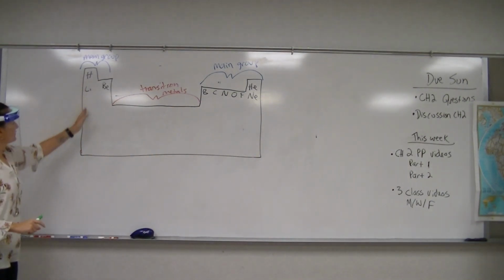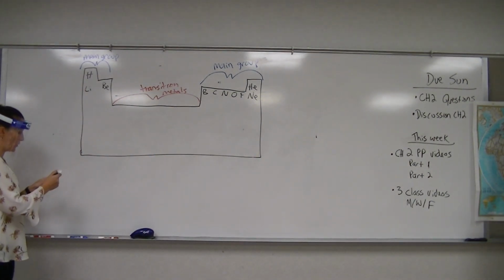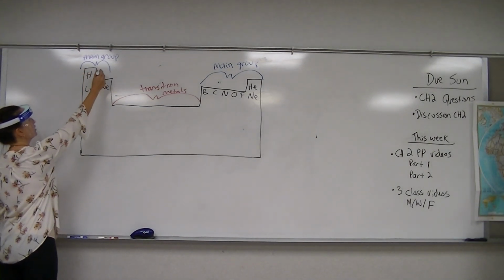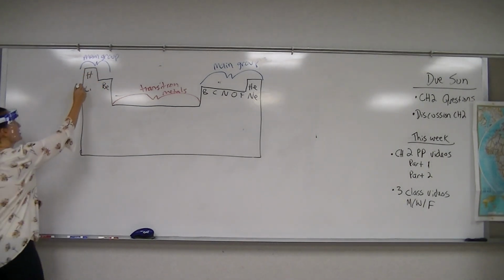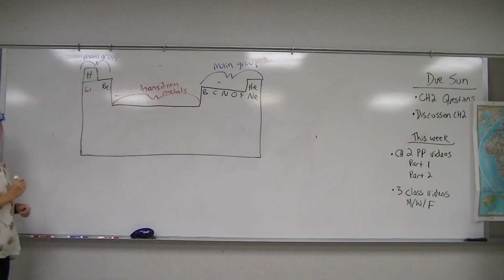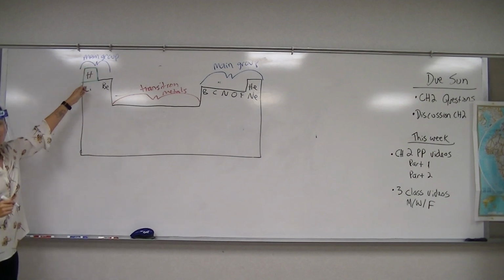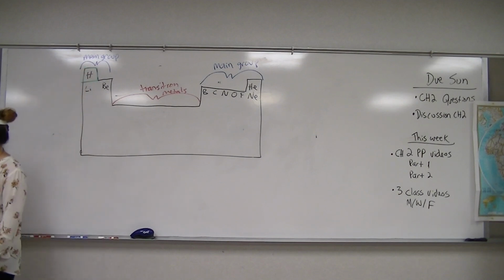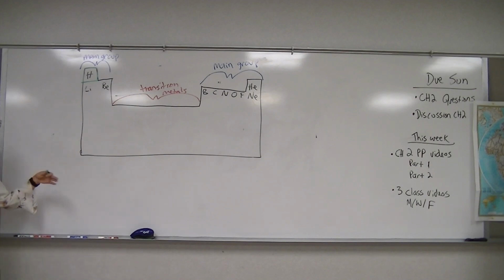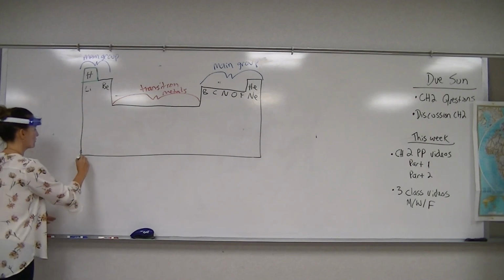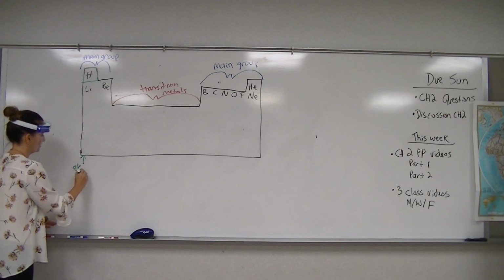For this first group, I'm not including hydrogen. Hydrogen is a being of its own. I'm talking about lithium on down: lithium, sodium, potassium, rubidium, cesium, all those. This first group is called the alkali metals.